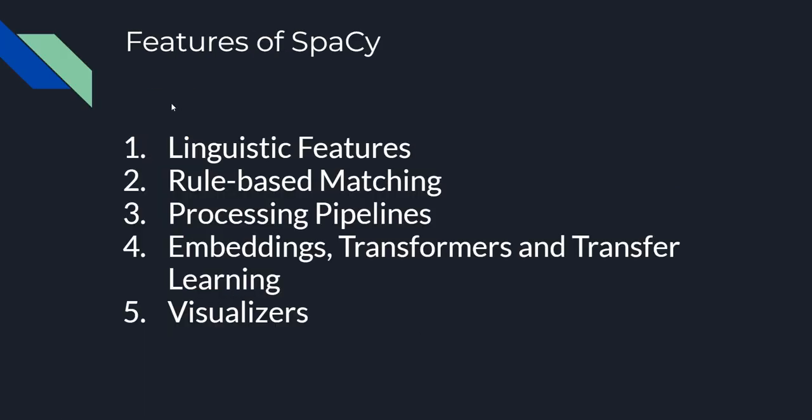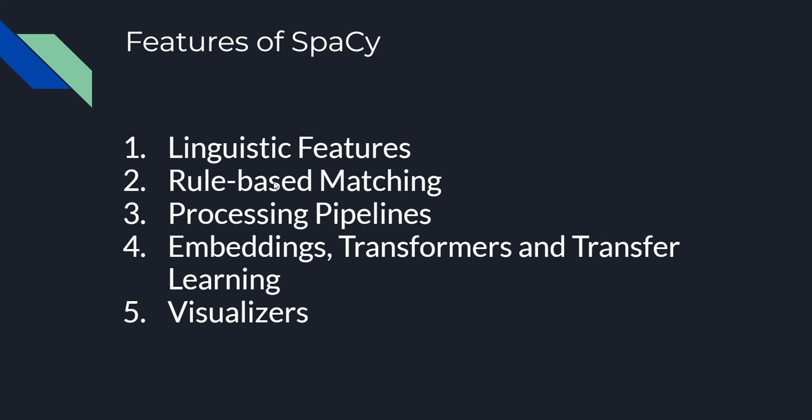Some of the features of SpaCy. SpaCy is one of the most important and most prominent libraries in NLP, which provides a lot of out-of-the-box functionality. One of which is linguistic features. All those features like named entity recognition and part of speech tagging are inbuilt in SpaCy and are ready to use tools.